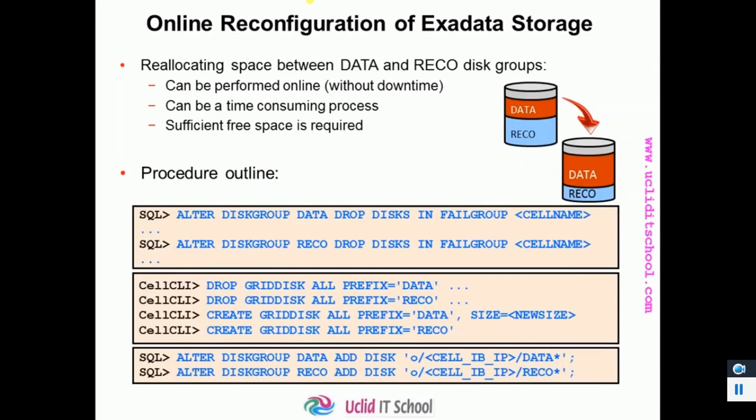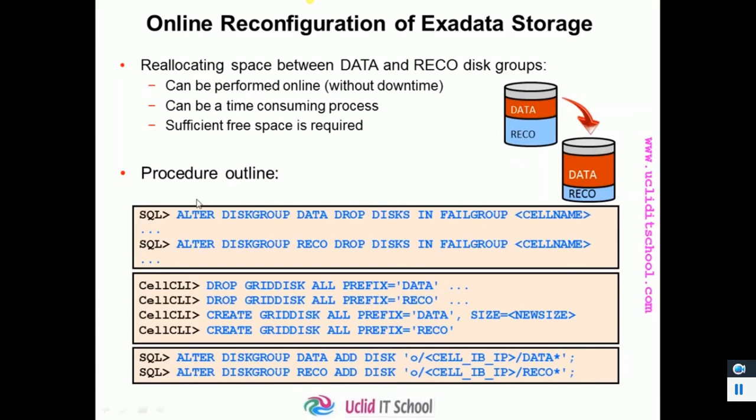So once you drop the ASM disks, ASM starts rebalancing. Let it complete. Then you go to the storage server, drop all those corresponding grid disks, create them with new sizes, and add them back to your disk group inside ASM.